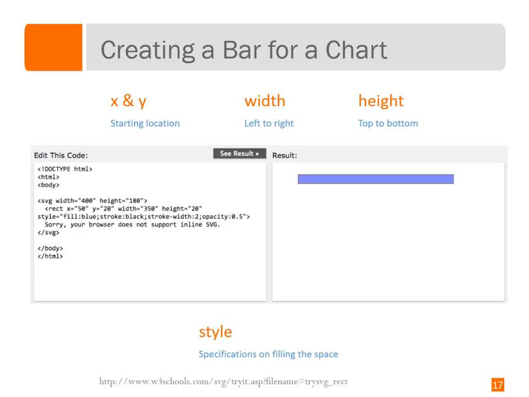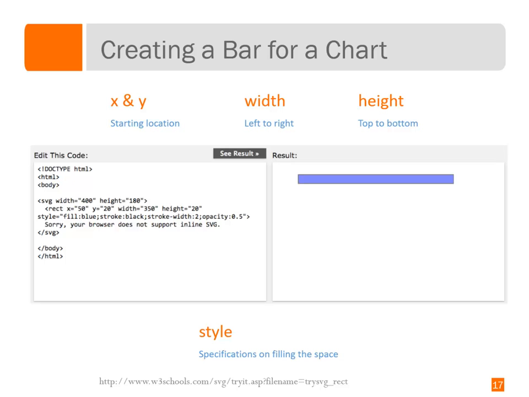Now, as we decide to create a bar for a chart, a couple of things to highlight here. Again, we've defined the SVG width, 400 by 180, as the canvas, so that's what we can draw on. And then our X and Y starting location is going to be the 50 and 20. So we come over 50, come down 20, and that's where we're going to begin our bar. The width is the left to right, so that's the 350.